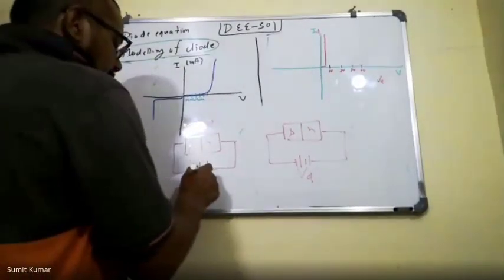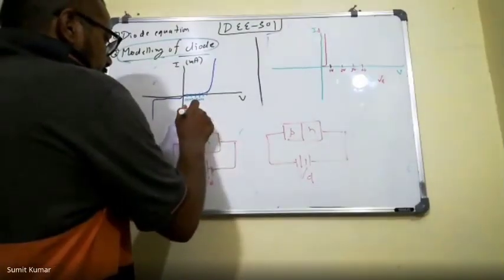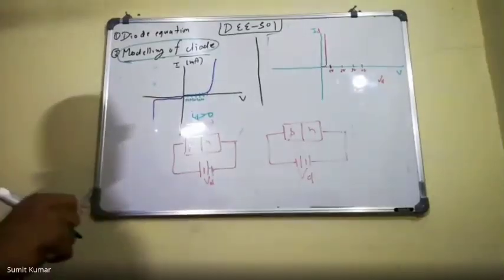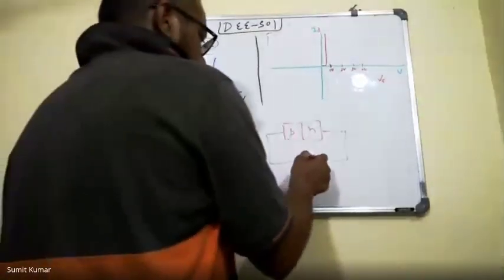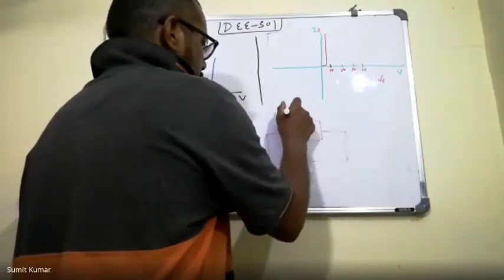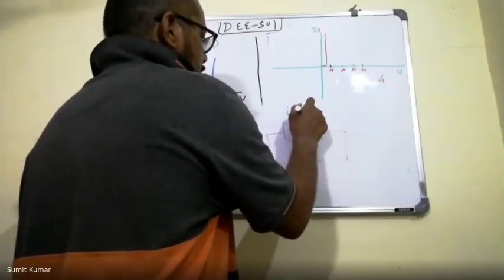This VD we are applying like this, then this ID, the diode current, is greater than 0. And VD, if we are applying like this, which is the reverse bias, then this diode current is approximately equal to 0.